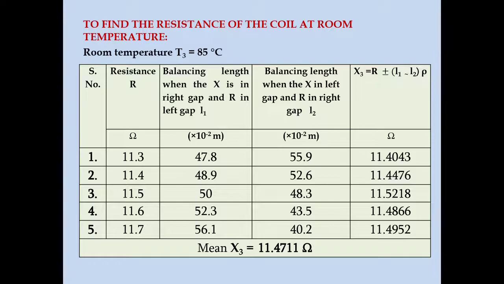For X3, the middle value of X3 is equal to R plus L1 difference L2 into rho. For the values above we have used R plus, and for values below we have used R minus L1 difference L2 into rho.